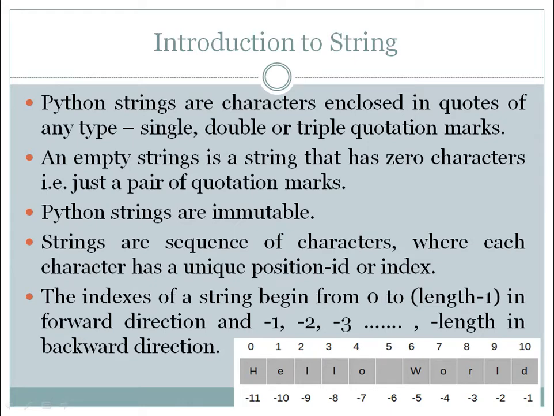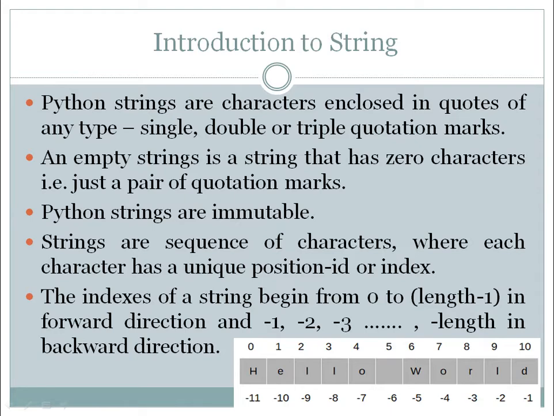You can see in this example, hello world is a string. The forward indexing starts from 0 and moves up to 10. That means this string has 11 characters including the space between hello and world. The negative indexing will start from the last, that is minus 1, and it will move to minus 11.